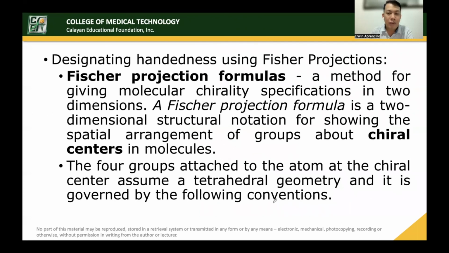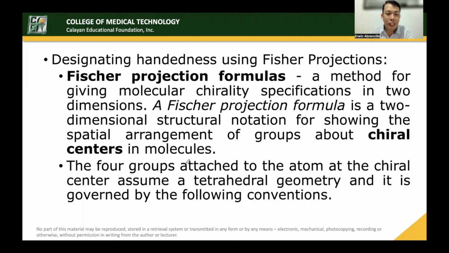So as I mentioned a while ago, monosaccharide sugars can be expressed by a Fischer projection formula. If you are going to recall in your organic chem, there are a lot of formulas like the molecular formula, and then the condensed structural formula, the line angle or the skeletal formula, and so on.